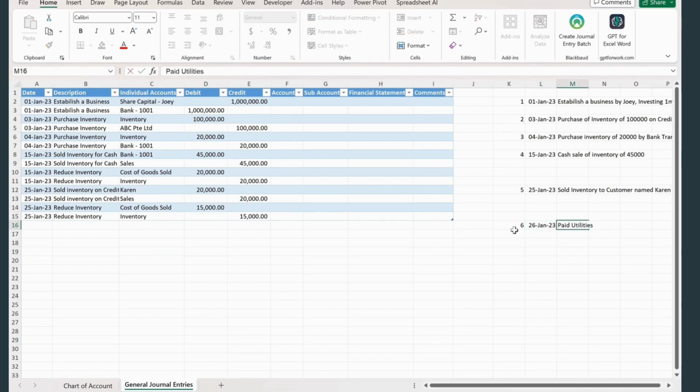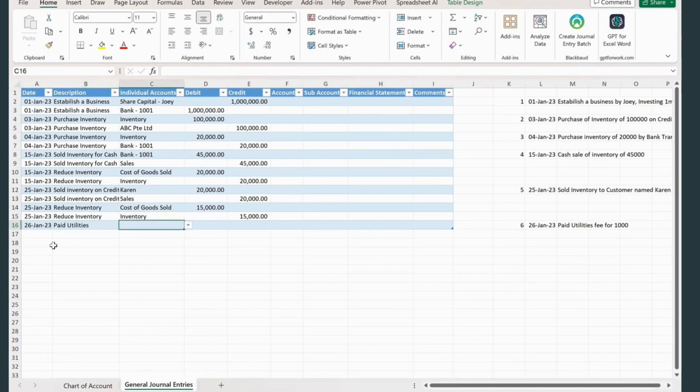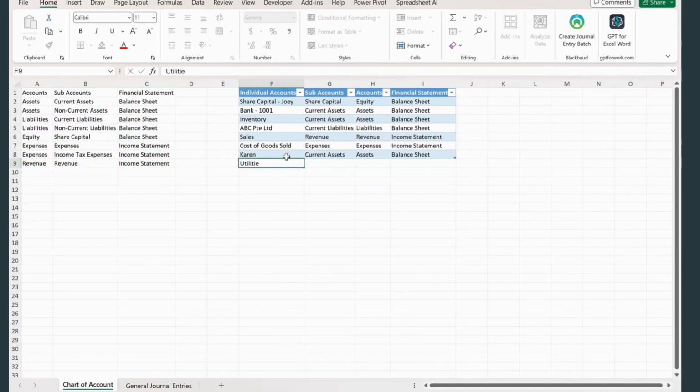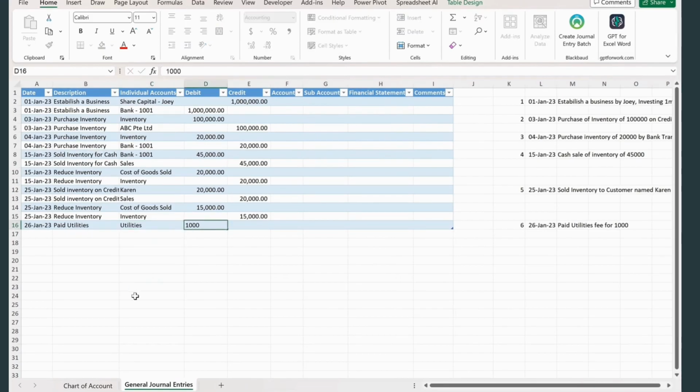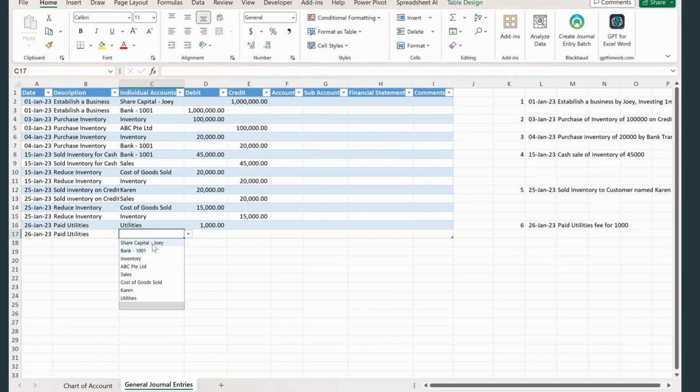So 26th June, paid utility for 1,000. We create individual accounts, here we debit utility 1,000.